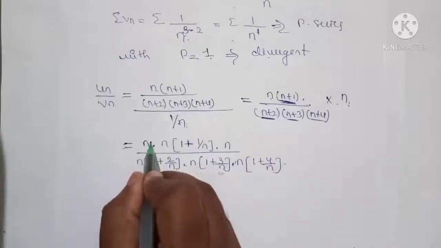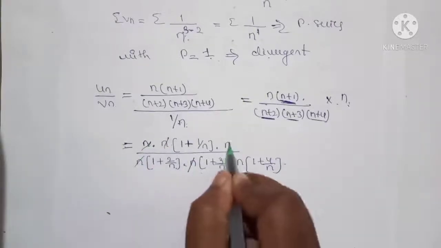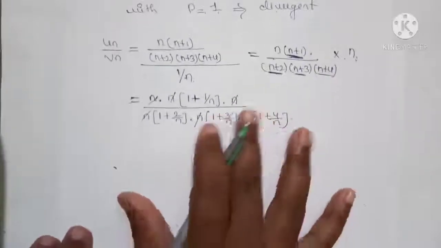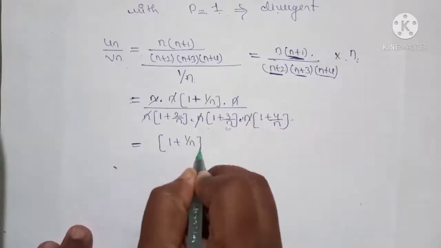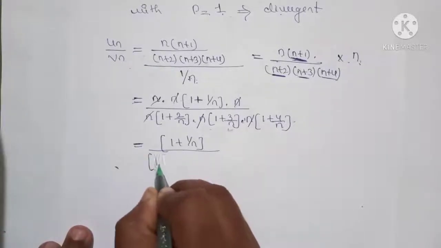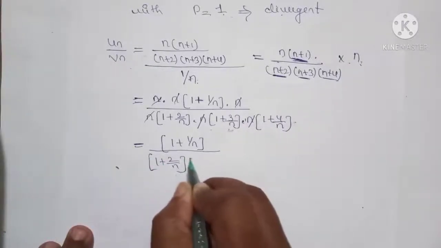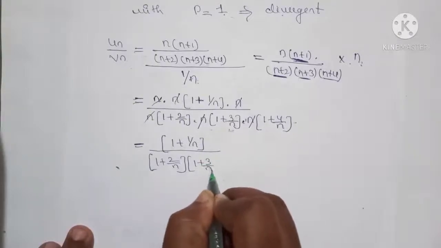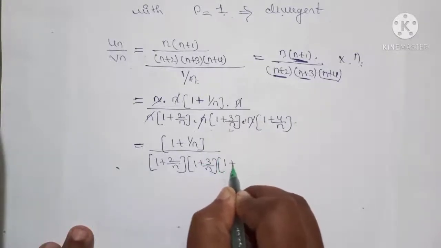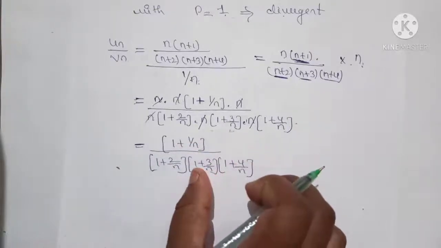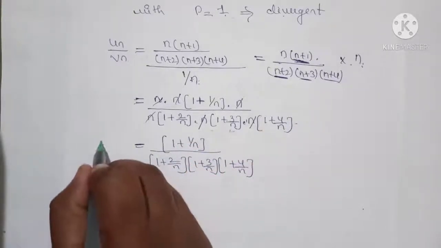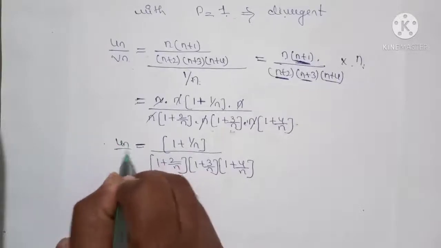So this n cancels, n into n cancels, n into n cancels. So we get 1 plus 1 by n in the numerator, and in the denominator we get 1 plus 2 by n, 1 plus 3 by n, into 1 plus 4 by n. So everything is in the form of 1 by n, and then we can apply the limit easily. So this is the un by vn form.